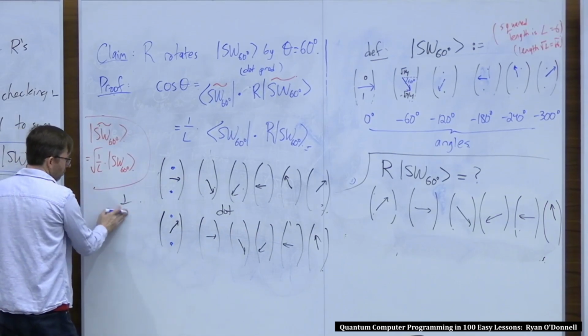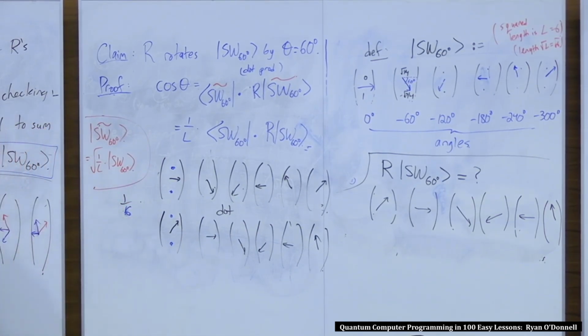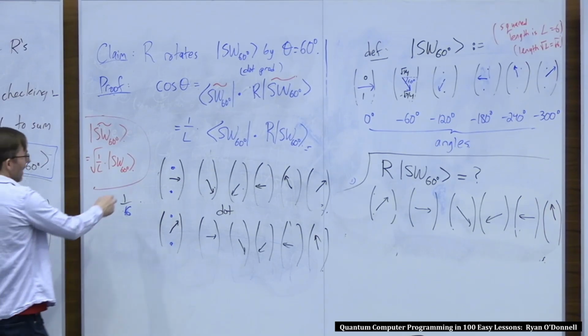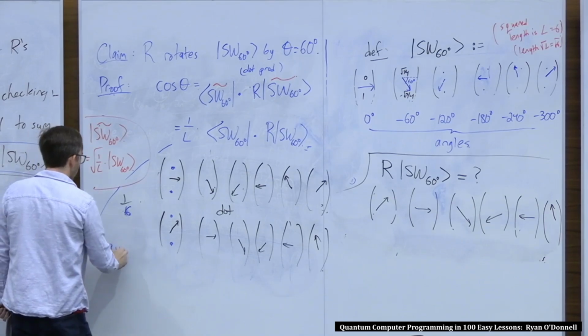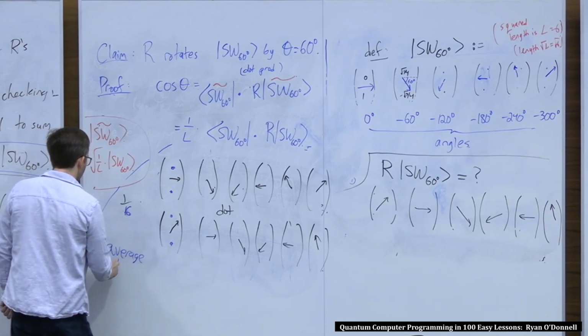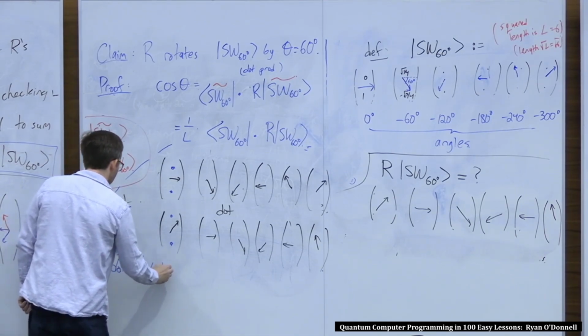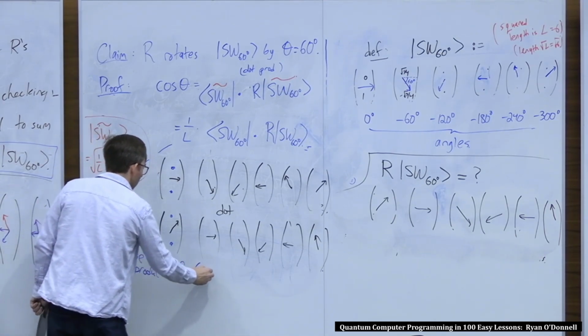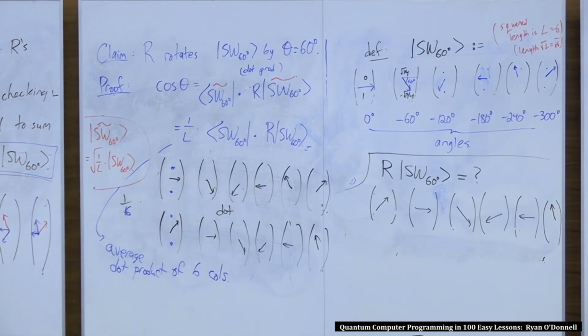And then we divide by 6. So what I want to say is that this is the average dot product of the 6 columns. Does that make sense?